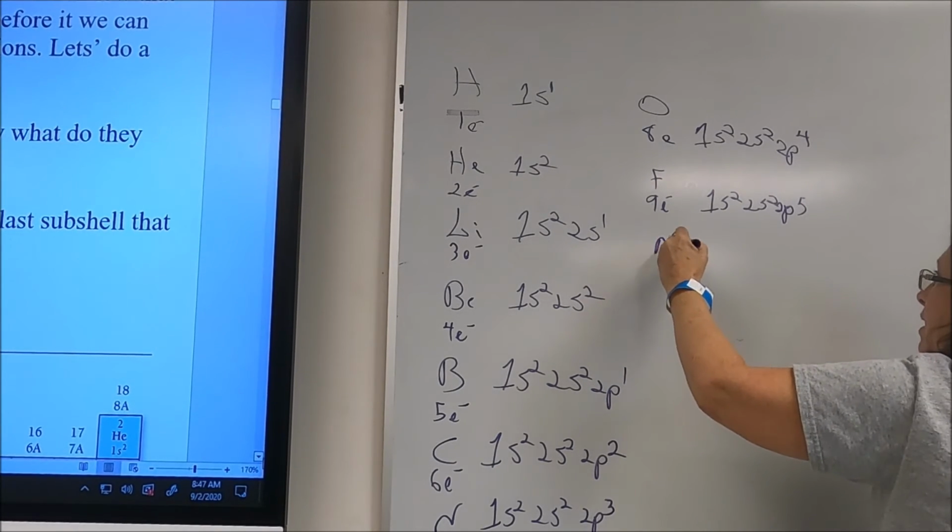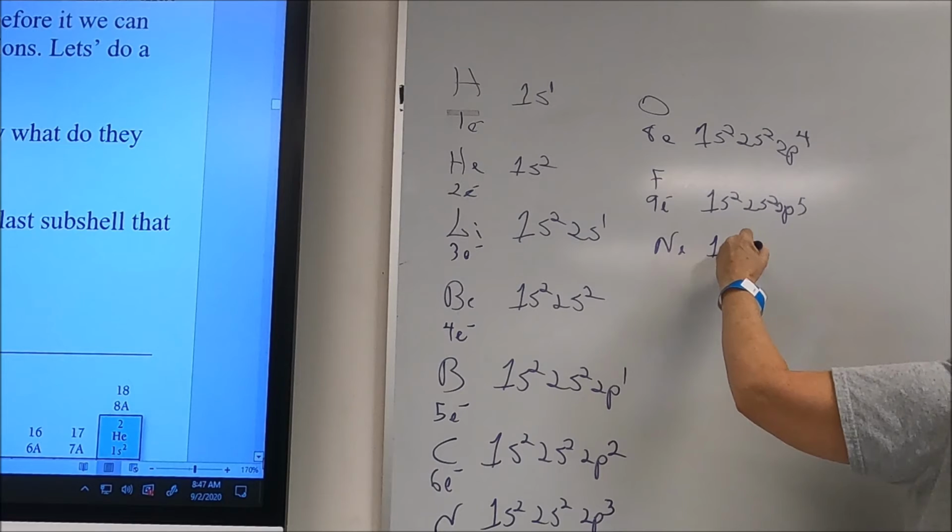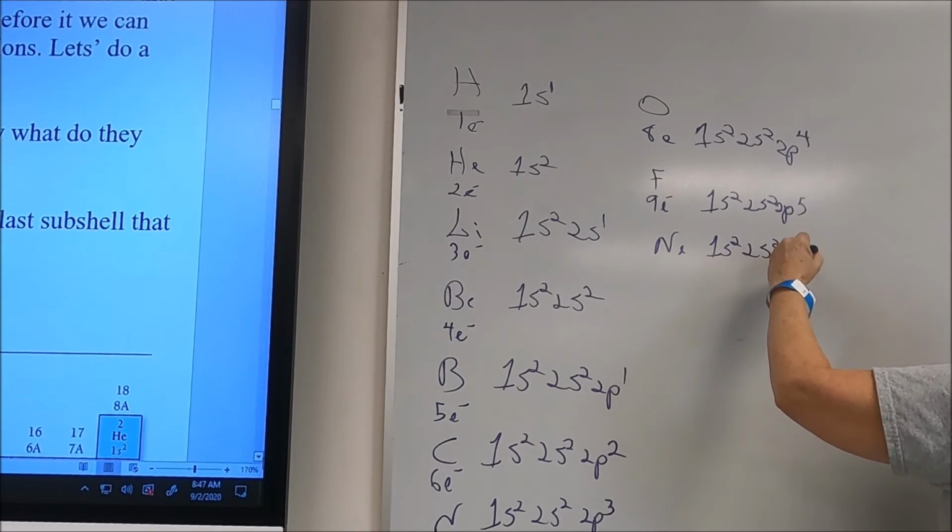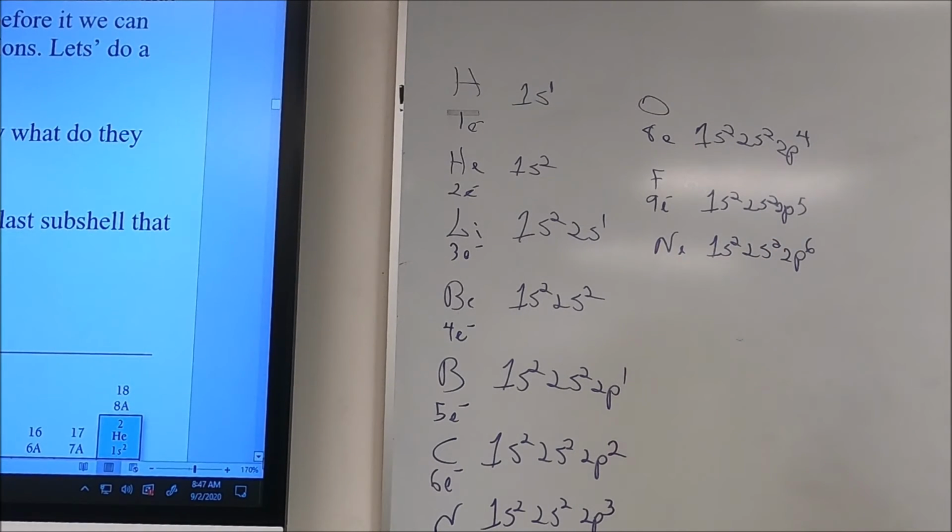And then neon is 1s2, 2s2, 2p6. Now, this is much simpler than the box diagram. So we're going over things and we're improving how we write it. We're condensing things down.